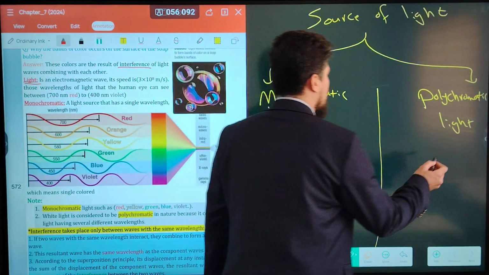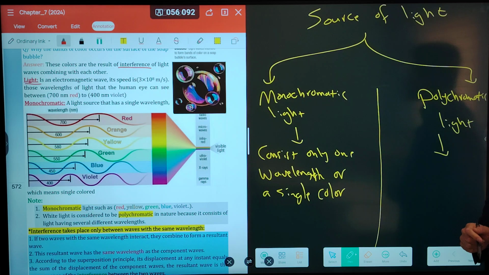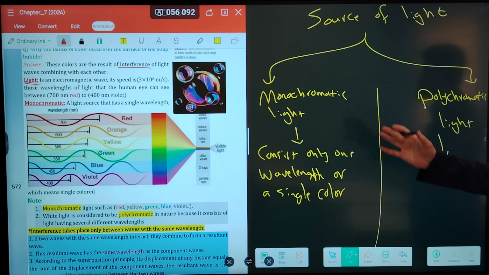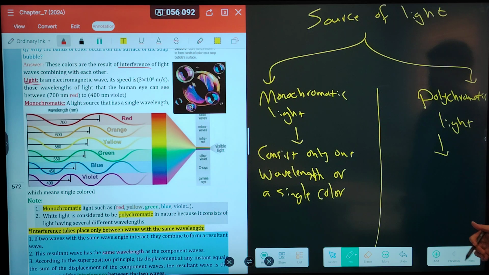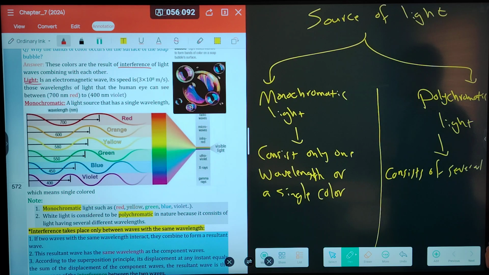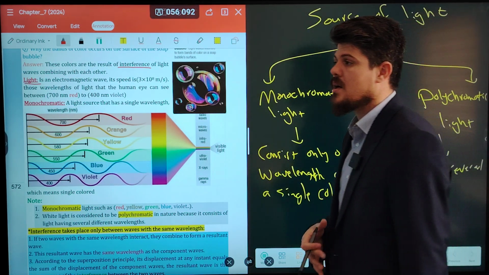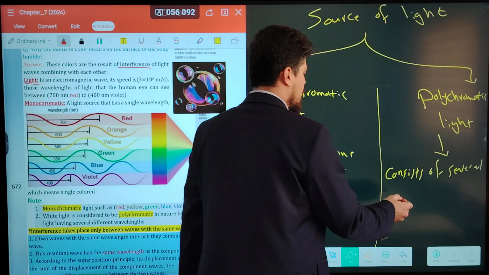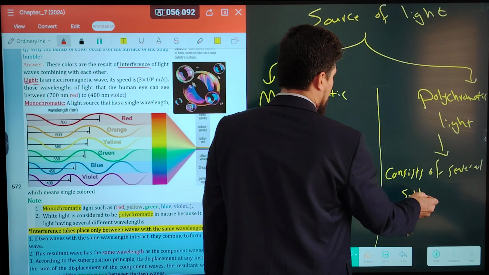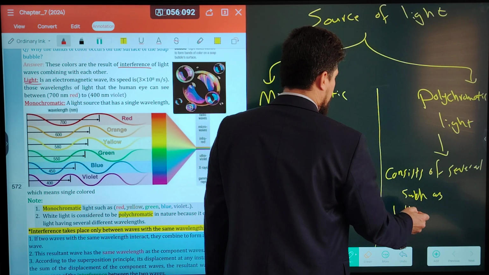But a polychromatic source is completely different from a monochromatic one. A polychromatic light source consists of several colors, multiple colors or multiple wavelengths, such as white light.